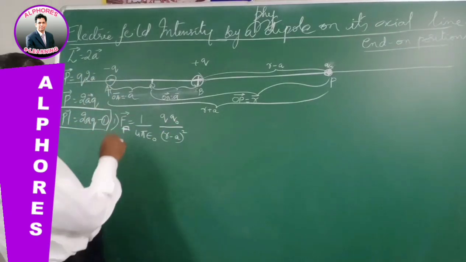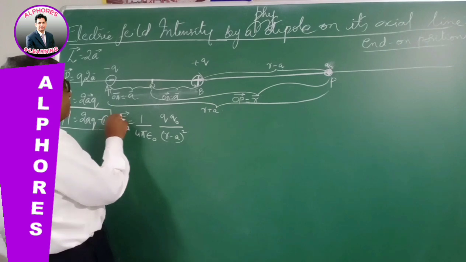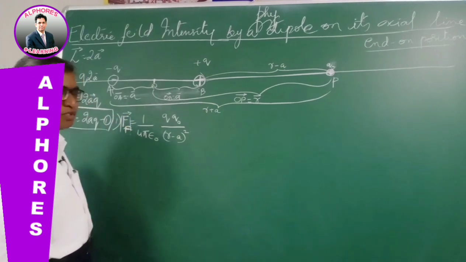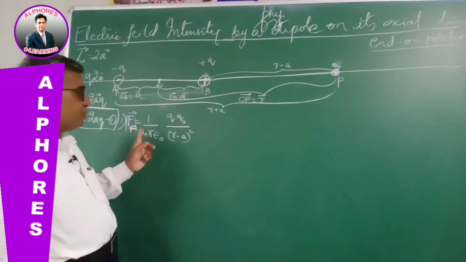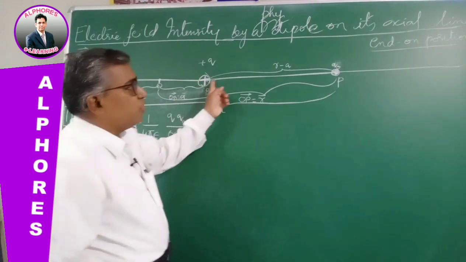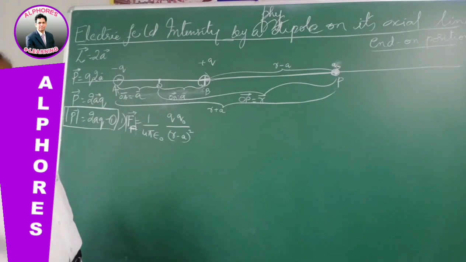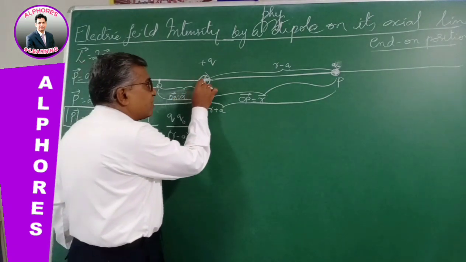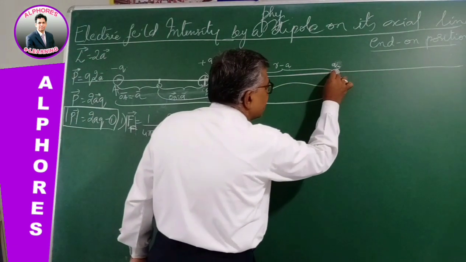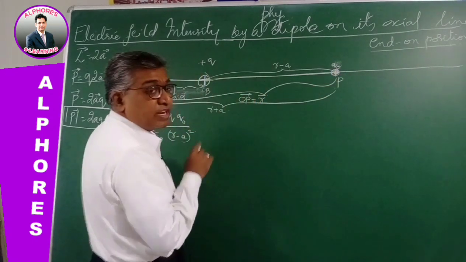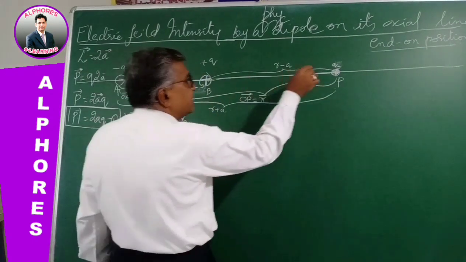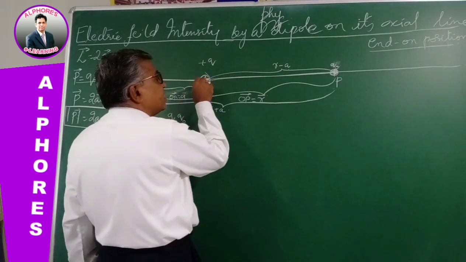So the magnitude of the force from the positive charge, Fp, is 1 by 4 pi epsilon naught, Q Q0 by r minus a whole square. What is the direction of the force? This is a positive charge and this is also a positive charge. Like charges repel, so this test charge is repelled by the positive charge.